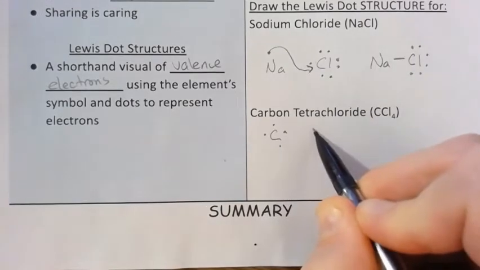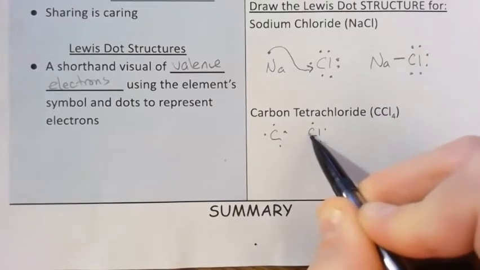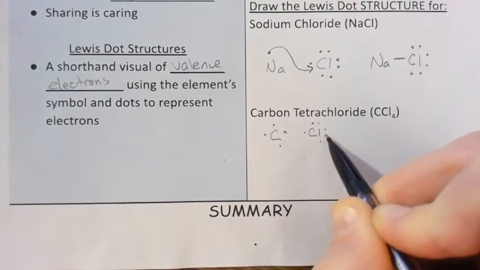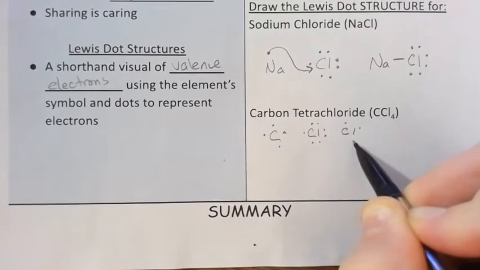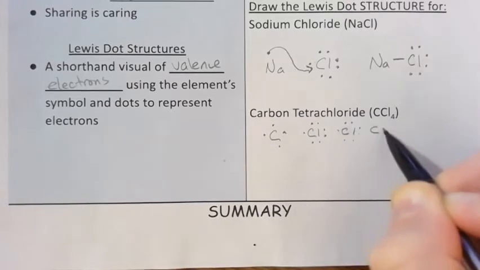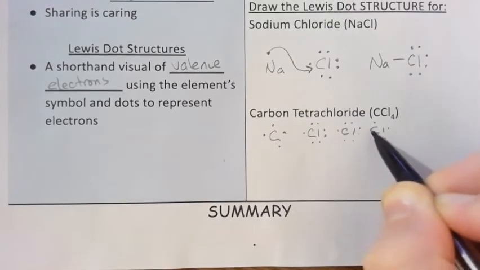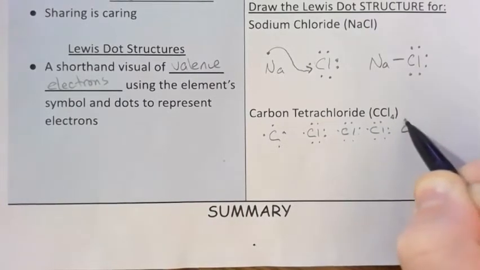And we have to get in the habit of making sure that our Lewis structure incorporates all of the elements that are a part of the formula. So we're trying to make this compound between one carbon atom and then 4 chlorine atoms.